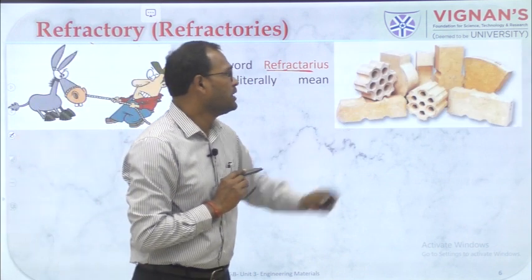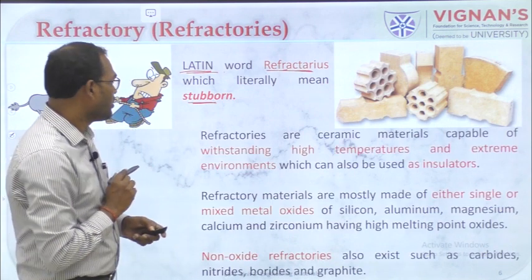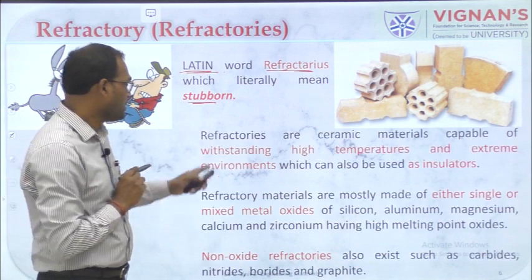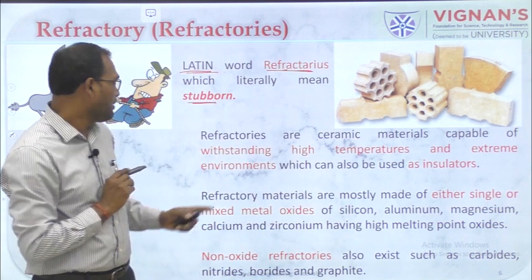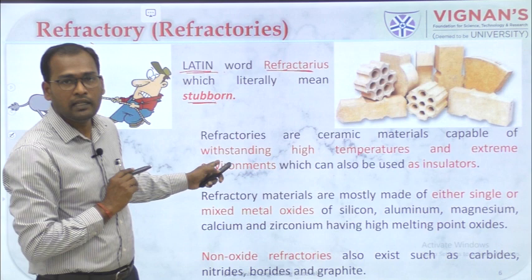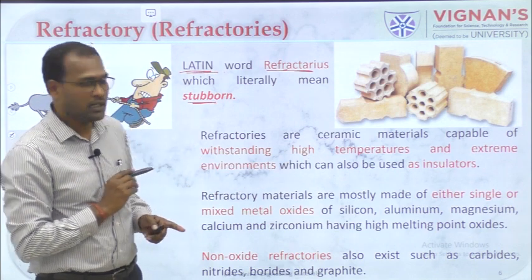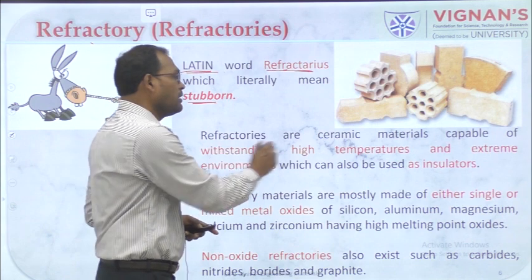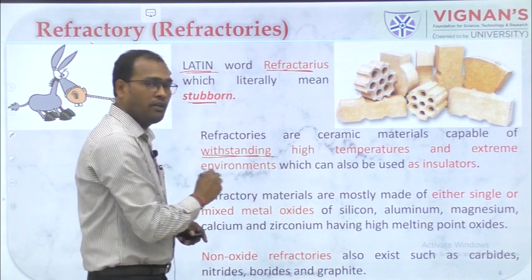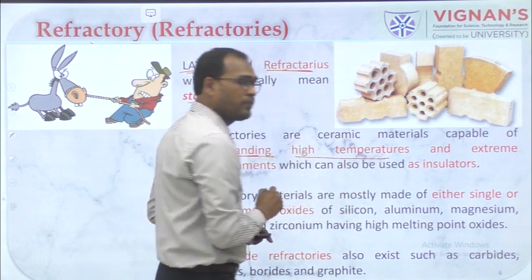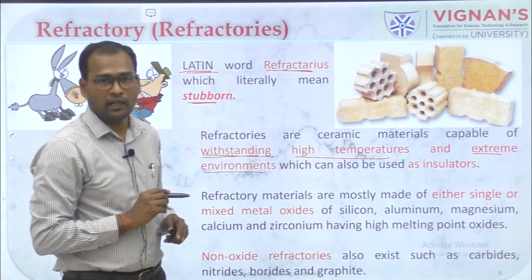And these are some images of refractory materials. We will see some of the properties of these refractories. Refractories are ceramic materials capable of withstanding very high temperatures and extreme environmental conditions, right.